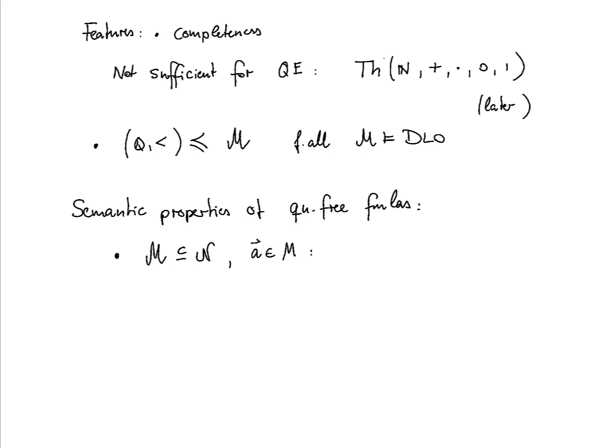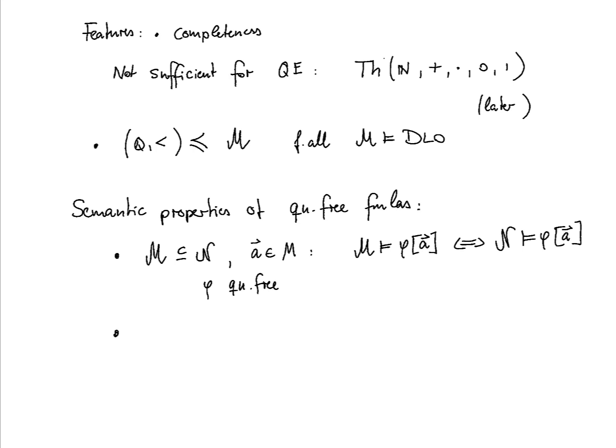And let's suppose phi is a quantifier-free formula. Then these formulas persist with respect to the satisfaction relation between those structures. So the quantifier-free formula phi with assignment A holds in M if and only if it holds in the bigger structure. So that's one important fact that we will need.